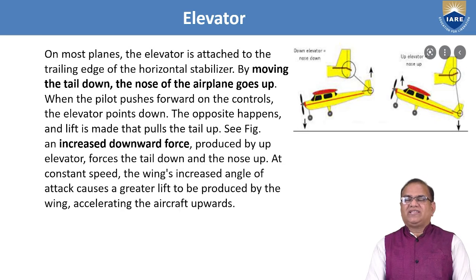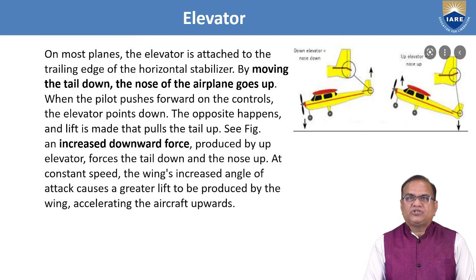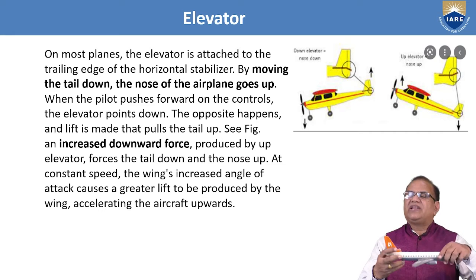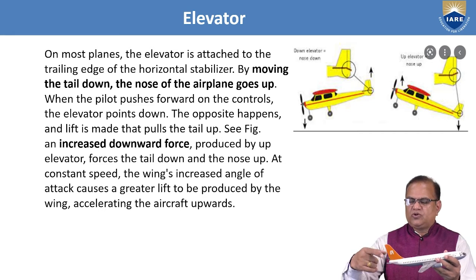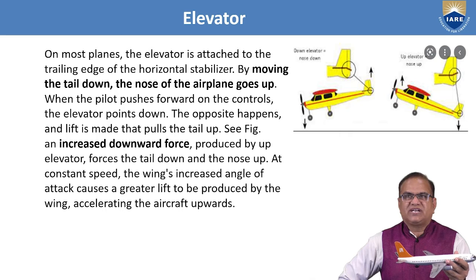Now, further I am explaining with the help of this diagram. On most airplanes, the elevator is attached to the trailing edge of the horizontal stabilizer. You can see this here and in this diagram also. So elevators are attached to the horizontal stabilizer, or it is called the horizontal tail.